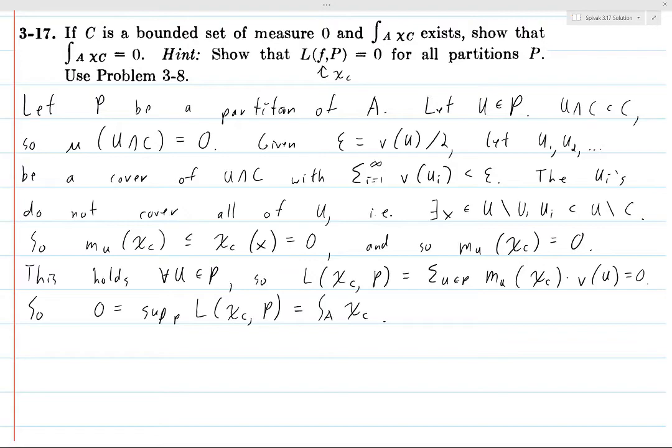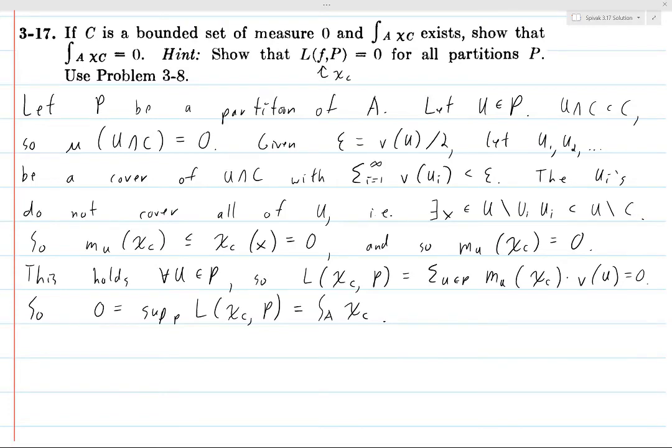The other thing is that we didn't use the fact that C is bounded. It says if C is a bounded set of measure 0 and this exists, show this. But again, I don't think that's really super relevant. I don't really see why that should be necessary. And in fact, when you talk about measure theory, it's perfectly fine for sets of measure 0 to be unbounded.